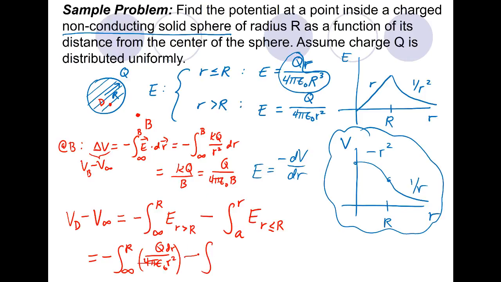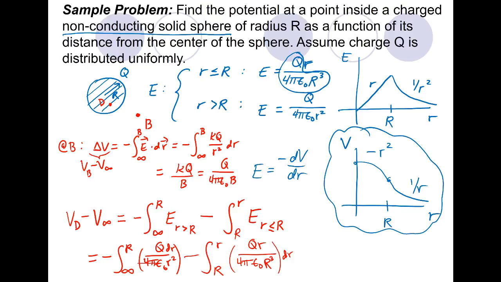I'll come back to that in a second. So it's the integral from big R to, sorry, this should also be big R. From big R to little r of our electric field inside, which is Q little r over 4 pi epsilon naught big R cubed. And that's dr.